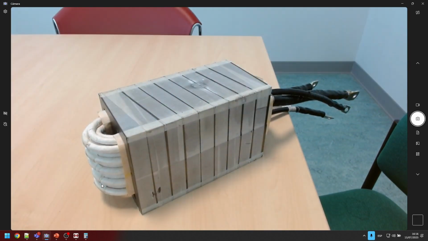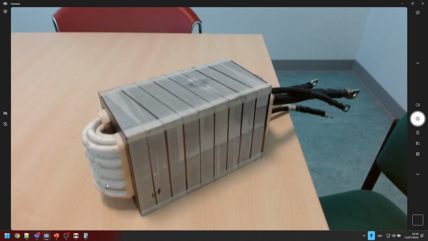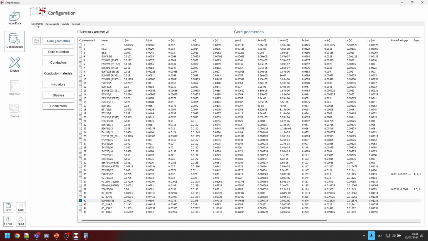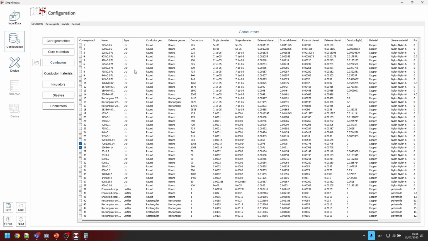Okay. This is not the same as the core, where only a few geometries are valid. In the wires, there's a much wider selection of wires. And I cannot be that sure about the diameter, because it really depends on how I measure that.